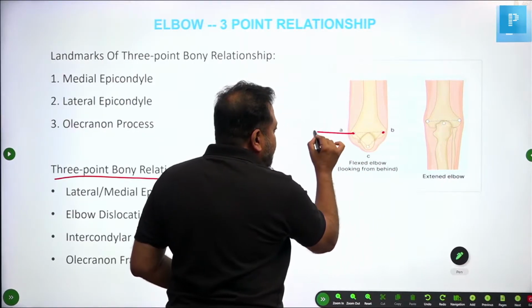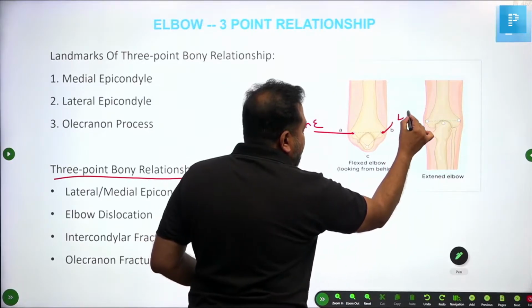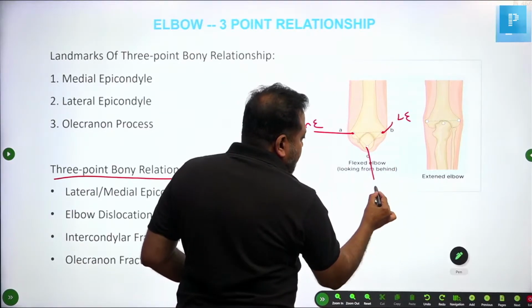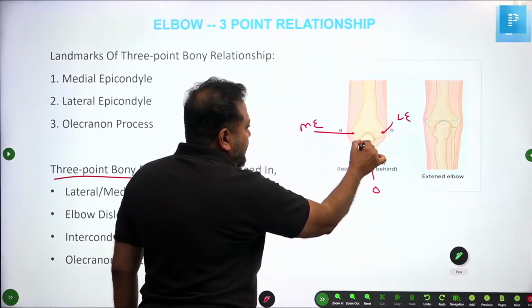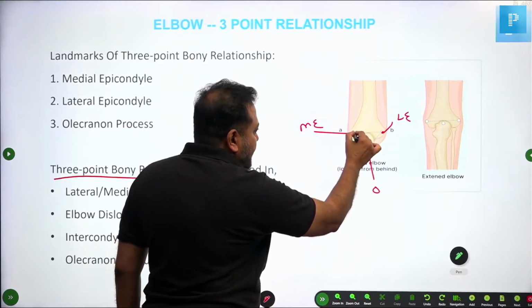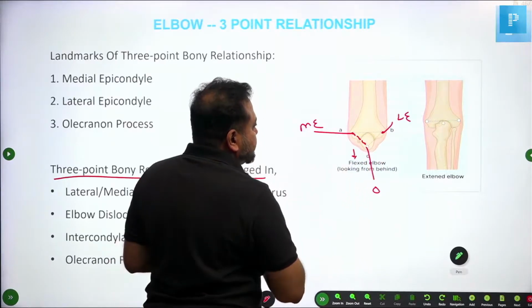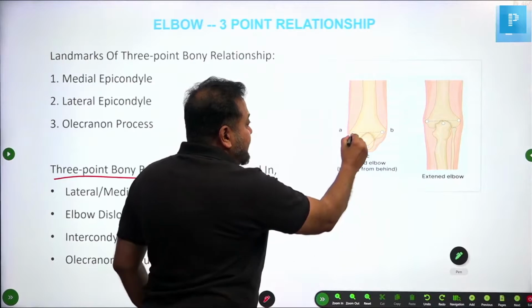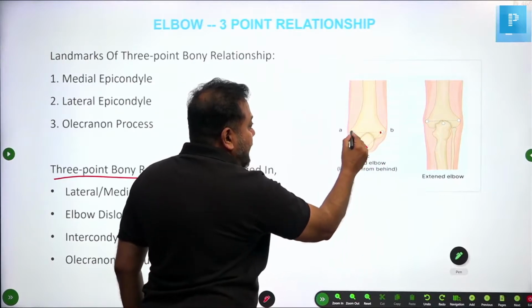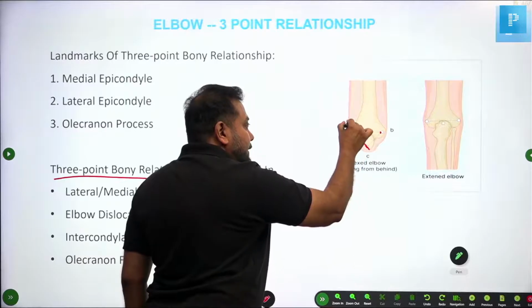For example, you take this as medial epicondyle, this as lateral epicondyle, this as olecranon. Whenever there is posteromedial dislocation of the elbow, this length is decreased. If there is a fracture of the medial epicondyle, a big callus will be formed, so this length is increased.